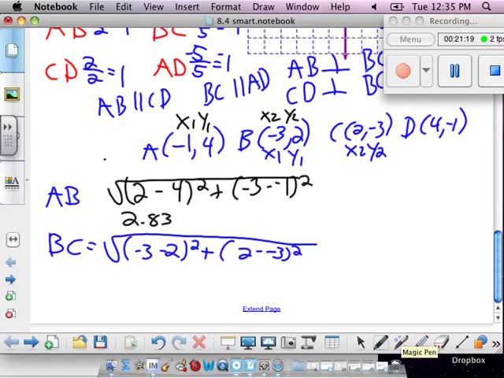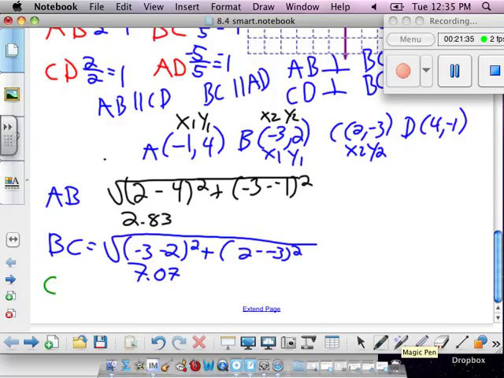And when you put that in your calculator, what do you get? 7.07. 2 more, guys. 2 down, 2 to go.